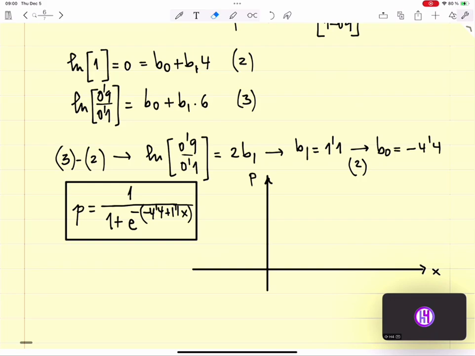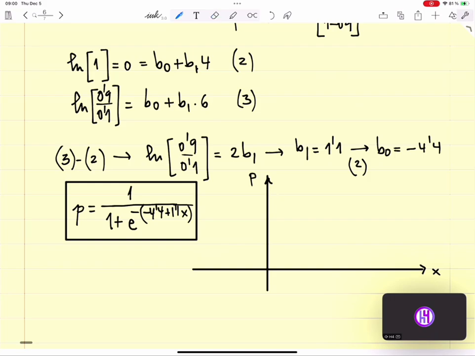Exponential minus 4.4 doesn't make sense.